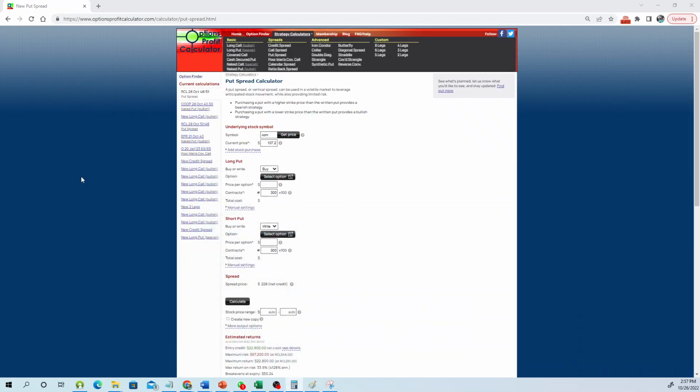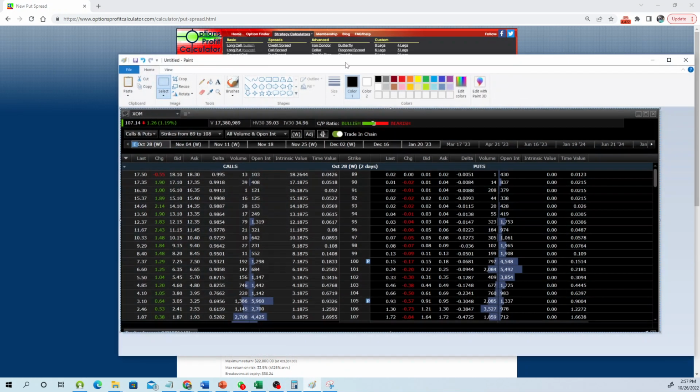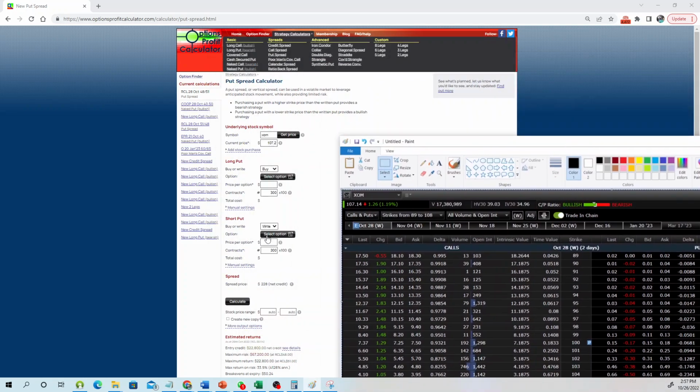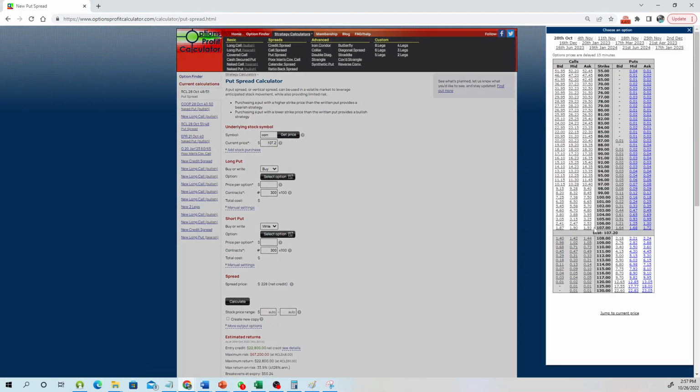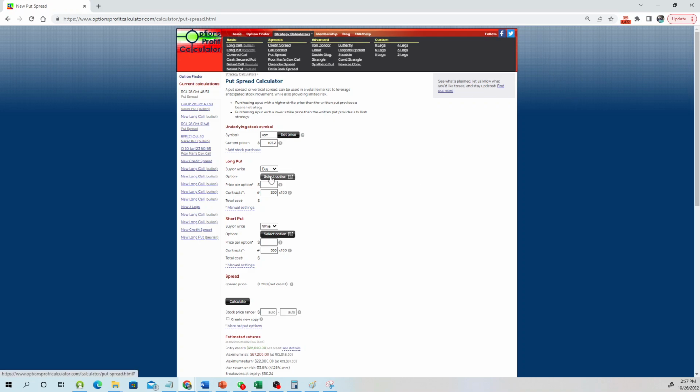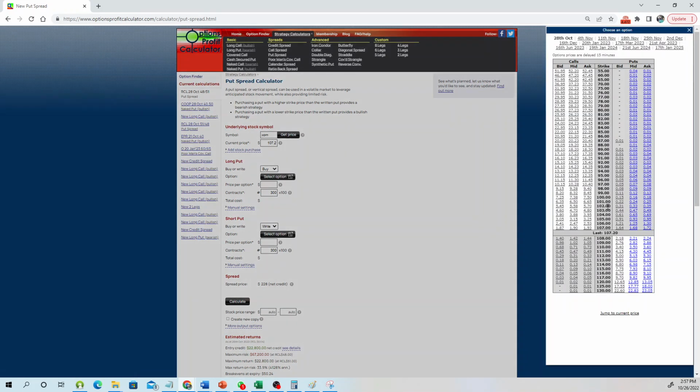But if we were to go here and you can actually model it, so let me pull it back up. Okay, that's going to be October 28th in 2 days, and that's the $100 strike put. So that's the one we buy. 28th, and it's a $100 strike on the put side.